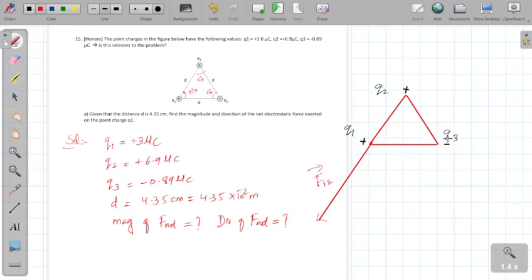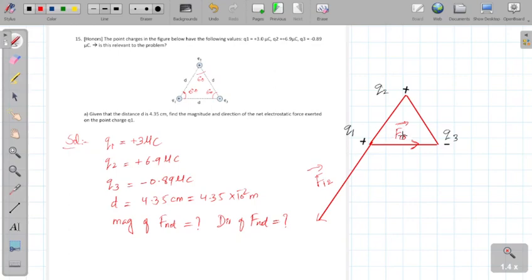Similarly, the force exerted by the third charge Q3 is in the positive x direction, and I denote the direction like that. The notation for this force is F13, the force on 1 due to 3.